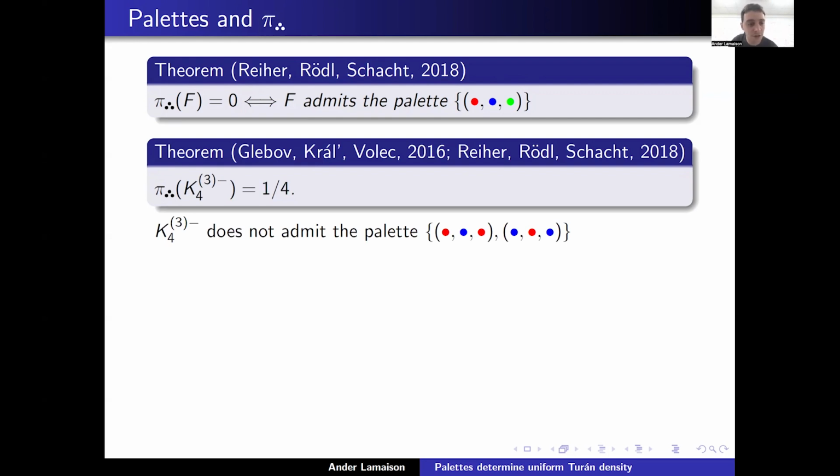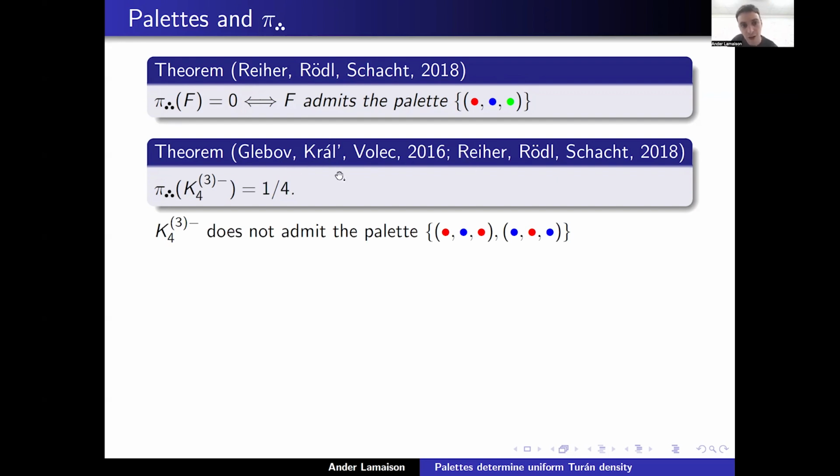There was also the question of computing the uniform Turán density of K4 minus an edge, and it was shown to be 1/4, and again, the lower bound comes from a palette. And I wrote here 2 sets of authors.